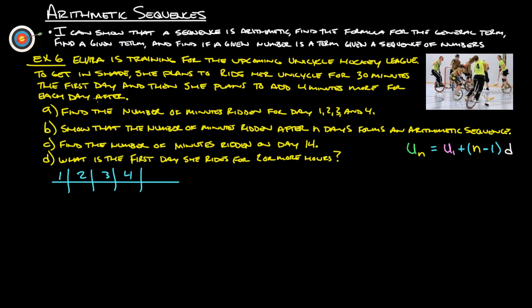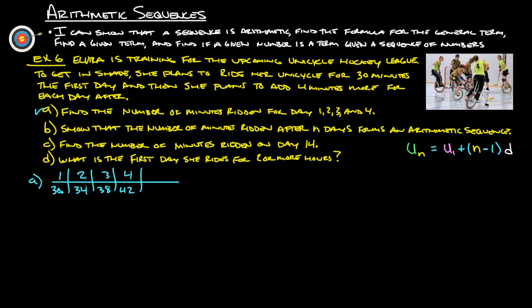The first day she rides for 30 minutes, and then she adds 4 minutes each day. So plus 4 gives us 34, plus 4 more is 38, plus 4 more is 42. So we have found the number of minutes ridden for days 1, 2, 3, and 4.